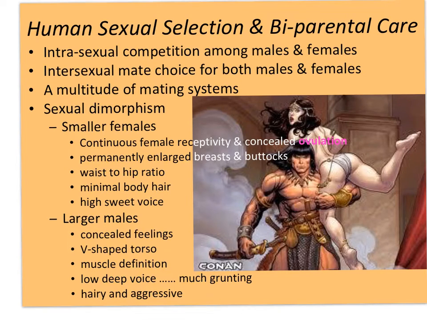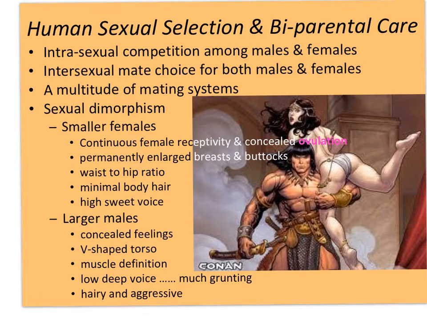Okay. Now, males, they don't ovulate, so they're not concealing ovulation, but they're concealing their feelings. We all know that males don't show their feelings. They have a V-shaped torso. It's also sexually selective. In other words, bigger males usually have better success. Muscle definition, a low, deep, grunting voice, right? That's what males do.